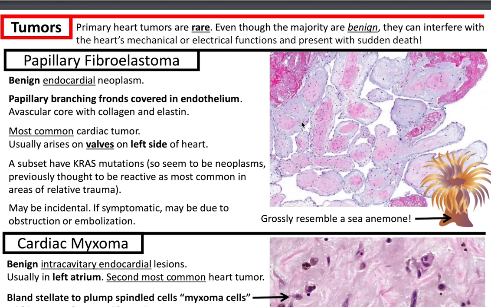It'll have an avascular core with collagen and elastin, and usually arises on the valves on the left side of the heart. A subset have KRAS mutations, so they seem to be neoplasms, although it was previously thought to be a reactive condition due to trauma. It may be incidental, and if symptomatic, it may be due to obstruction or embolization.